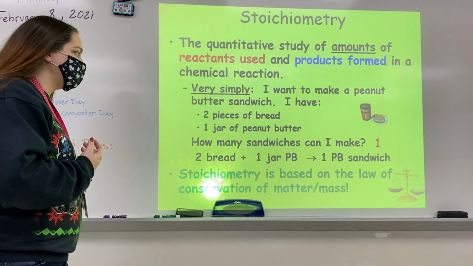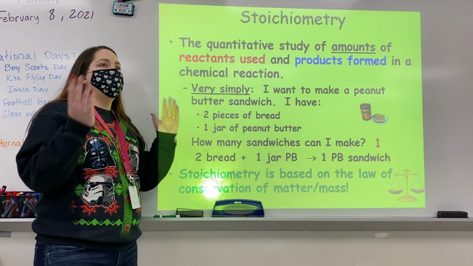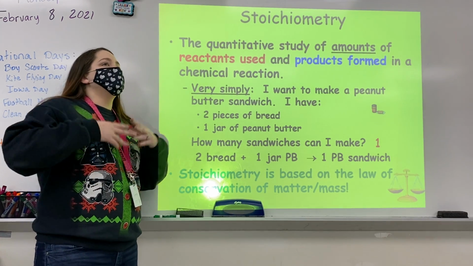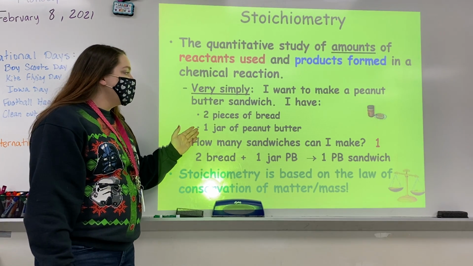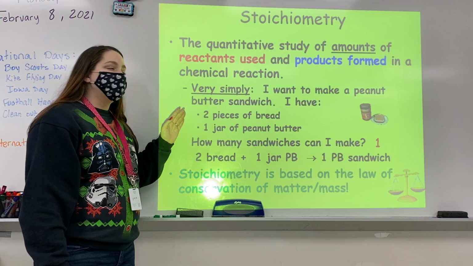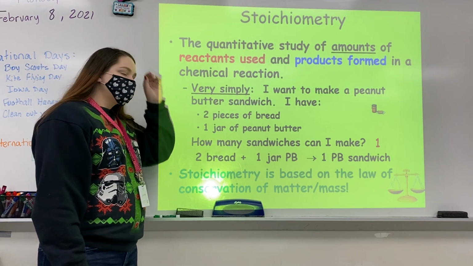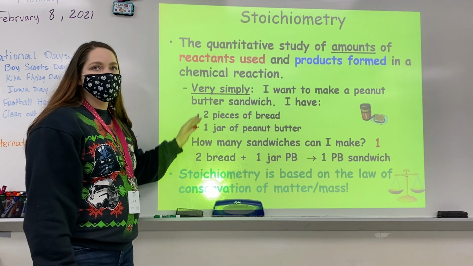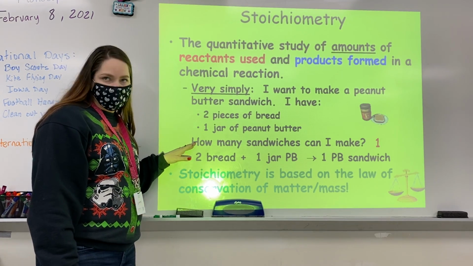Another example of stoichiometry is a peanut butter sandwich. So let's say you wanted to make a peanut butter sandwich, and for some reason you needed to find a recipe. And you went online and you found this recipe that said that you needed 2 pieces of bread and 1 jar of peanut butter for your 1 peanut butter sandwich. So with those 2 reactants, you could make 1 peanut butter sandwich.